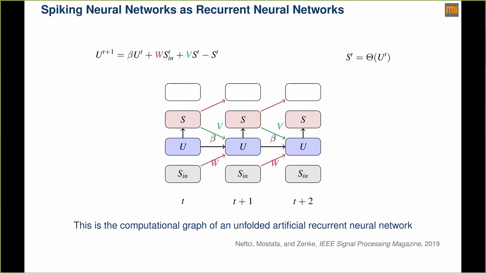And this is very nice because this means that we can use all the tools that have been developed for training recurrent neural networks for training spiking neural networks, in principle. These are, for instance, backpropagation through time, as well as other variants, as I'll be talking about today.